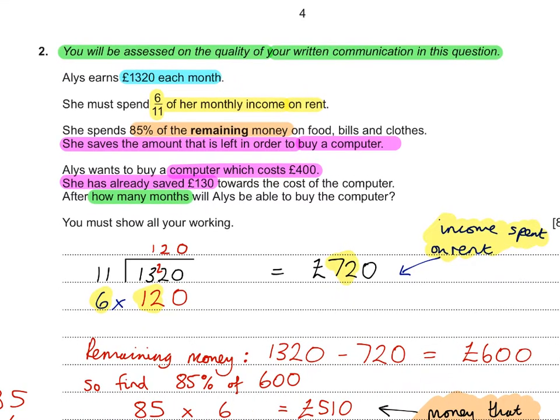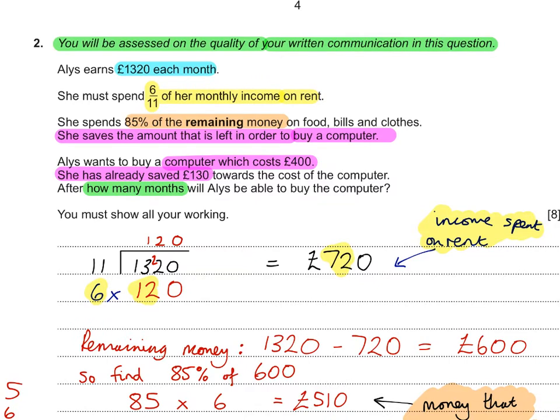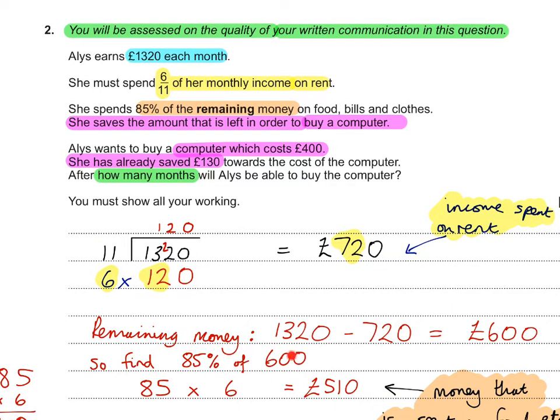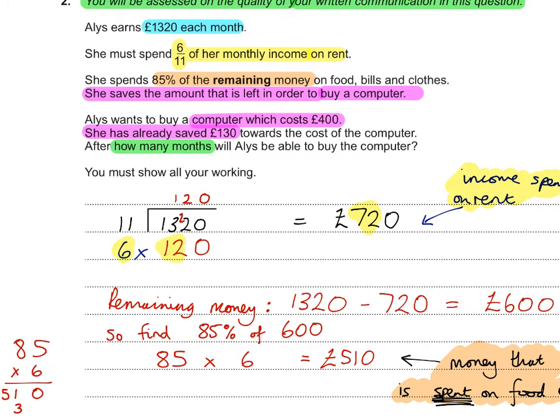The remaining money, I worked out by doing 1,320 minus the 720 that goes on rent, and that left me £600 remaining. Now, I know that she spends 85% of that £600 on food, bills and clothes. There are loads of different ways you can work this out, but I spotted that 85% means 85 out of 100, so in 600, I just need to times the 85 by 6.